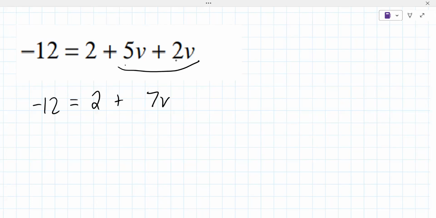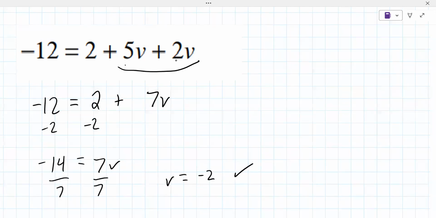V equals 2. You subtract 2 from both sides. Minus 14 equals 7v. Divide by 7. V equals negative 2. Very good.